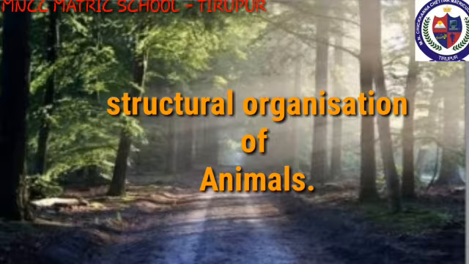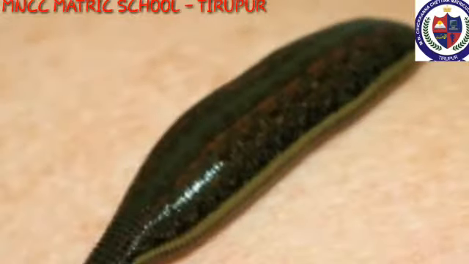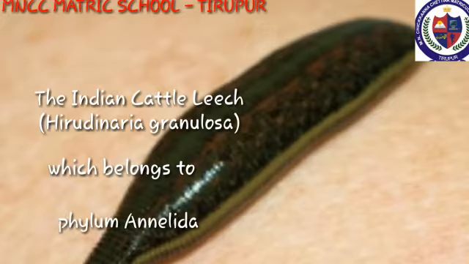In this chapter, we will understand the structural morphology and anatomy of an invertebrate, example leech, and a vertebrate, example rabbit. First one, leech. The scientific name of the Indian cattle leech is Hirudinaria granulosa, which belongs to phylum Annelida.